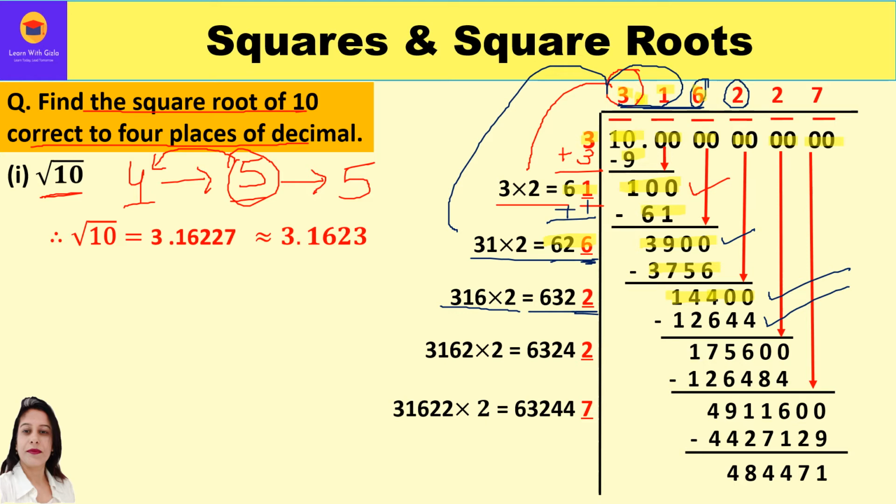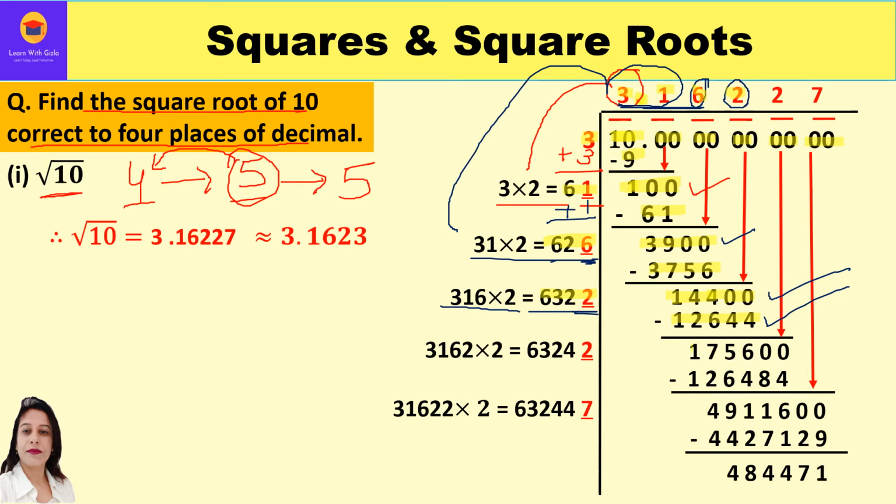So after a lot of trials I got 2 as the suitable number, which can give me a product which is less than 14,400. So my divisor is 6322, my quotient is 2, and my product is 12,644, which is less than 14,400.